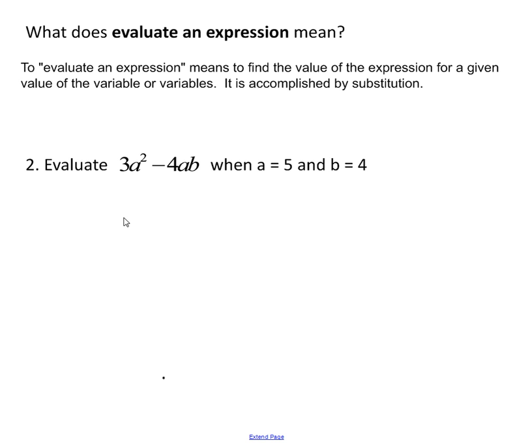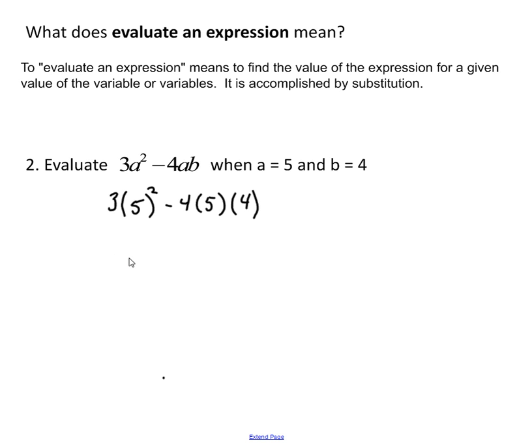So if we wanted to evaluate 3a squared minus 4ab, when a equals 5 and b equals 4, we will make the substitution, replacing a with 5 everywhere we see a, and b with 4 everywhere we see it. And of course, we have these expressions right here.